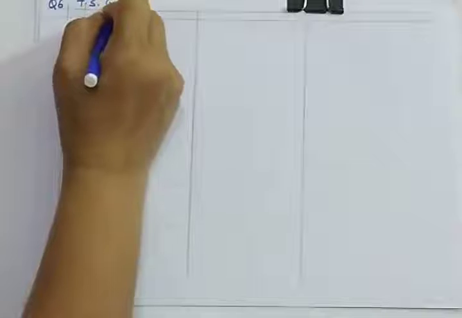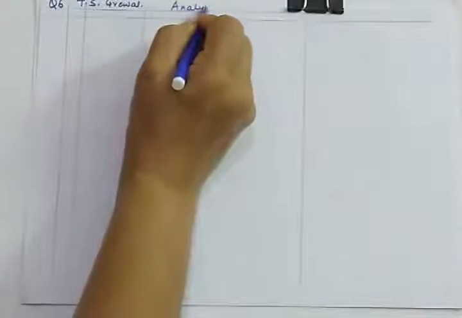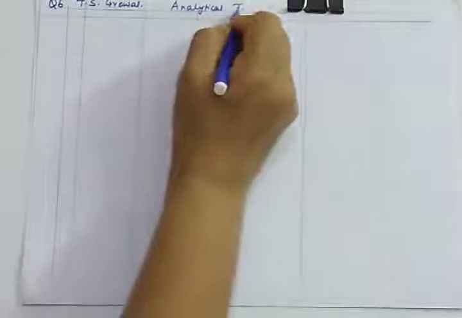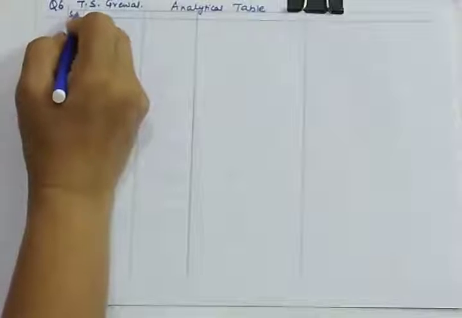So this is my question number 6 of T.S. Grewal's book, and you need to practice the similar type of numerical from other books also. So what is the name of this table? This is the analytical table, which is very important part, especially for the beginners.